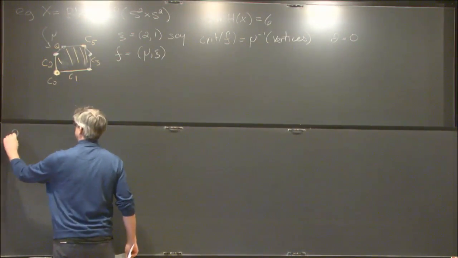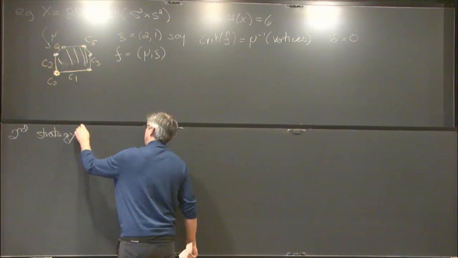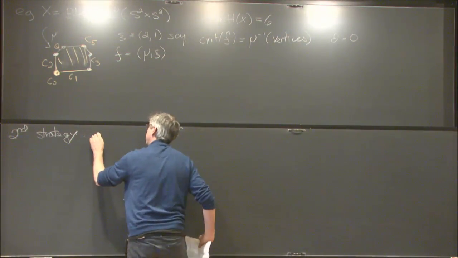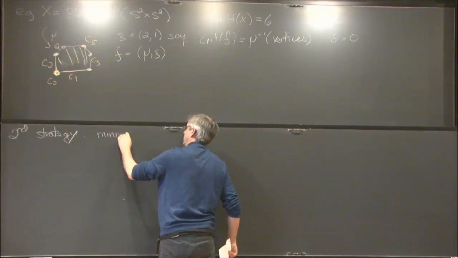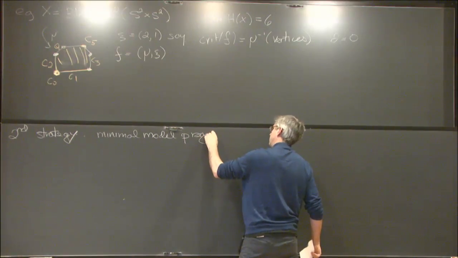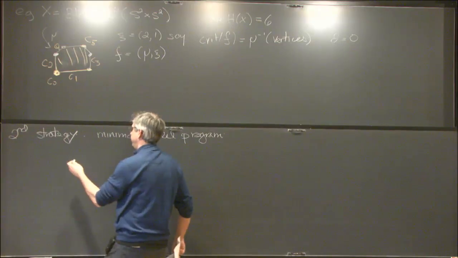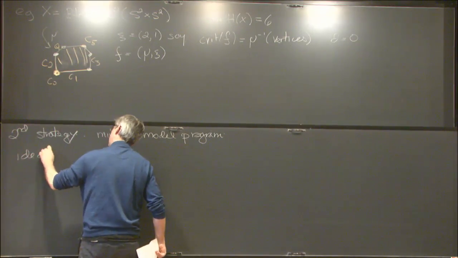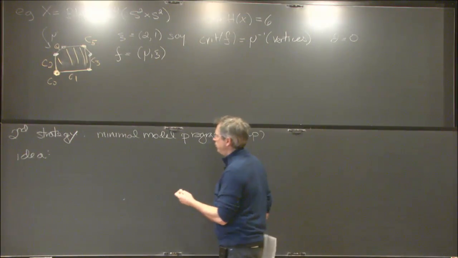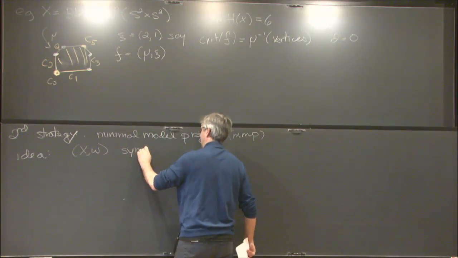But there's another strategy, which is to use the minimal model program. And the rough idea, in a symplectic version, is that you start varying. Let's say X, omega is symplectic at least.